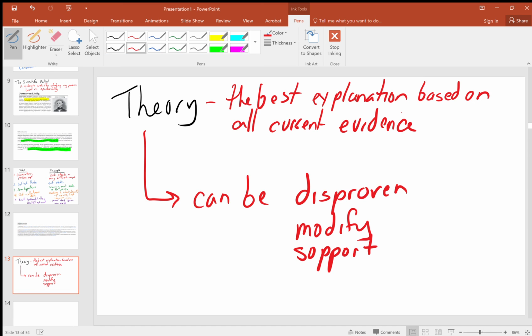And unfortunately, as you may see in the news or in any number of other sources, when people don't seem to like a scientific theory, one of the things they like to say is it's just a theory, it hasn't been proven. And in fact, it turns out that that theory is the best evidence that we have. In some cases, the theories that we have will never be disproven. So the next time you hear that it's just a theory, keep in mind that that actually means that it probably has a lot of evidence that backs it up.